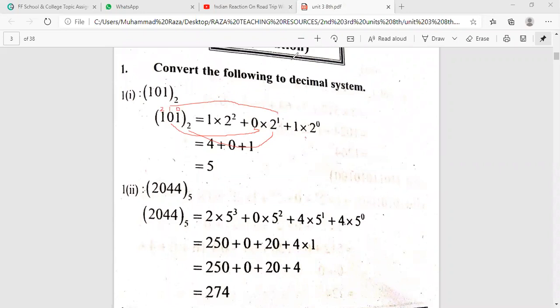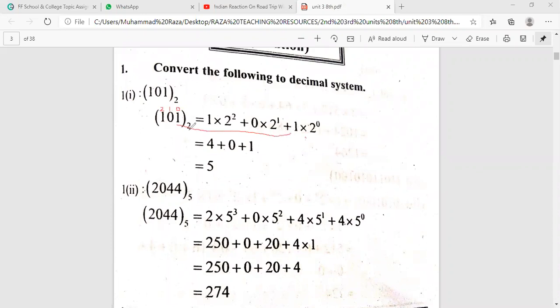In this way we write all the numbers which are in base 2. Then the next number is 1. So we write 1 here.